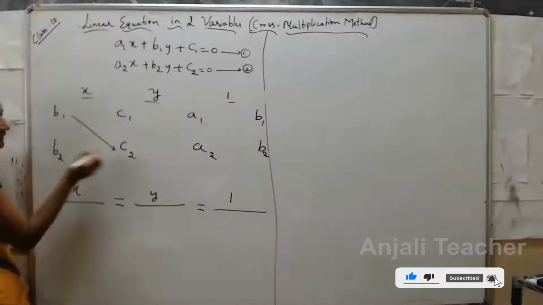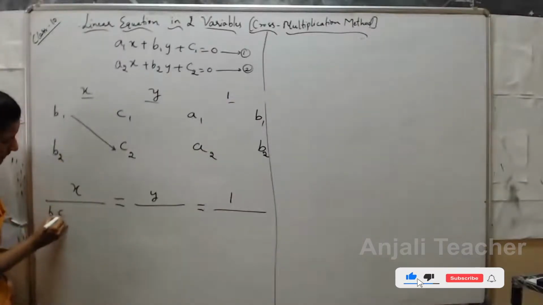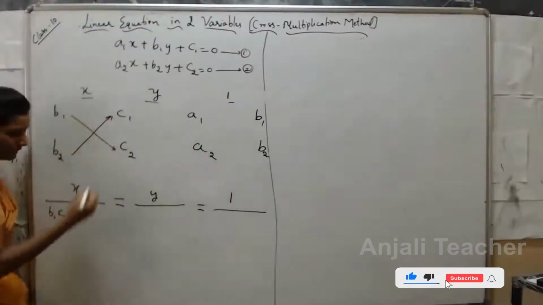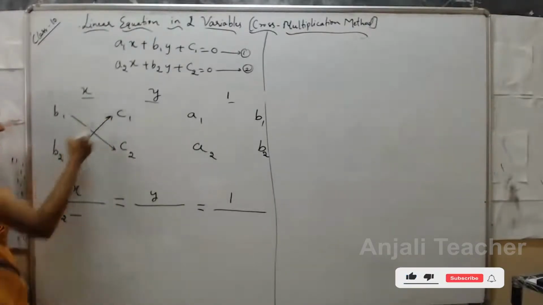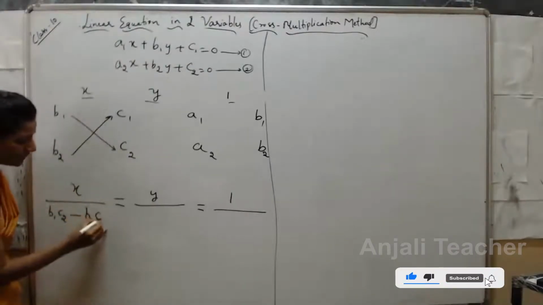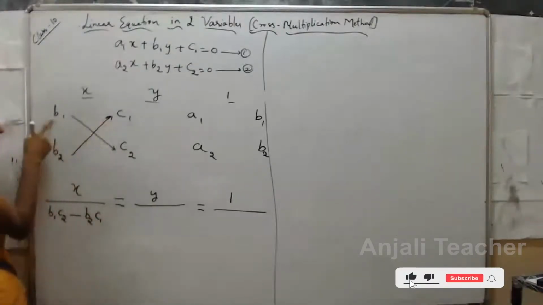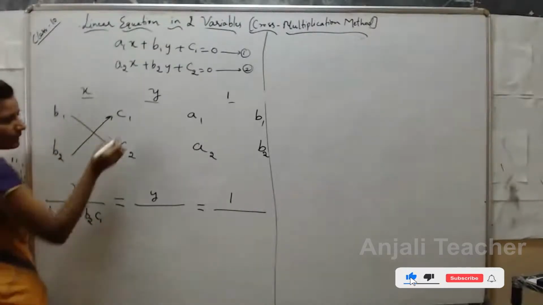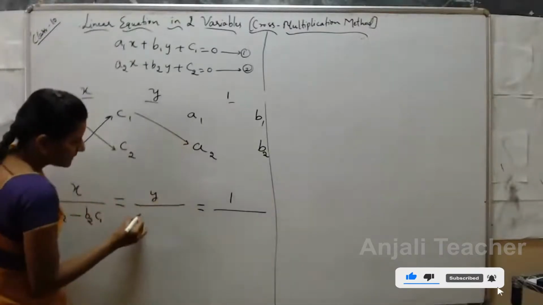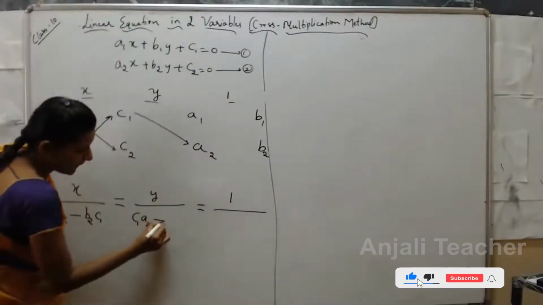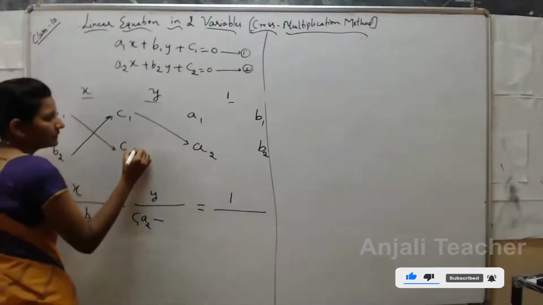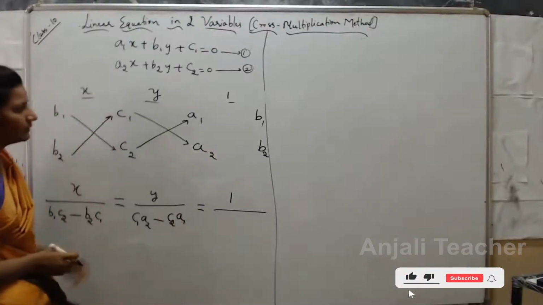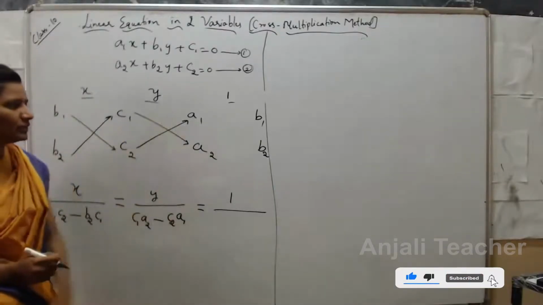Now B1 C2 minus B2 C1. Always when you go outside you should add the minus symbol. Multiply this: B1 C2 minus B2 C1. Got this? Again, C1 A2 minus C2 A1.